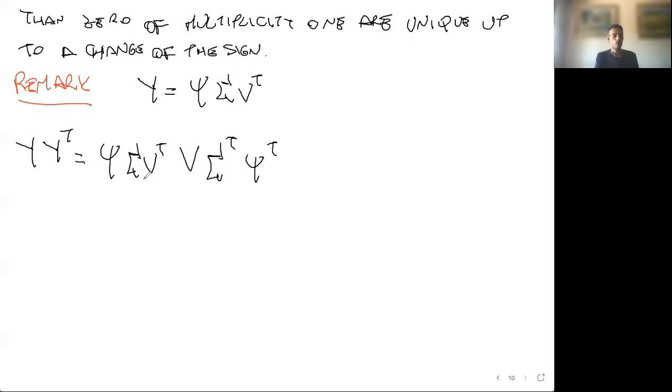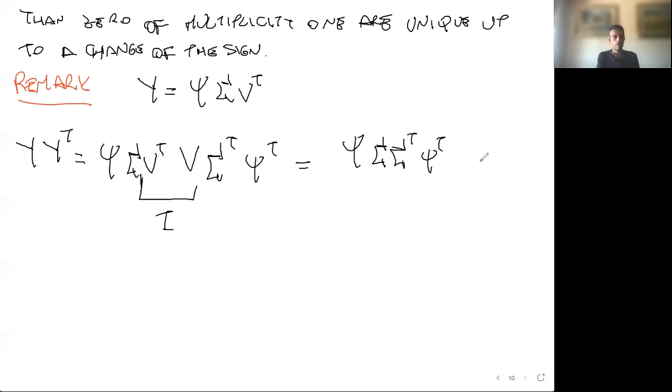Since we know that V is orthogonal, V transpose V is the identity. So here we have Psi Sigma Sigma transpose Psi transpose.